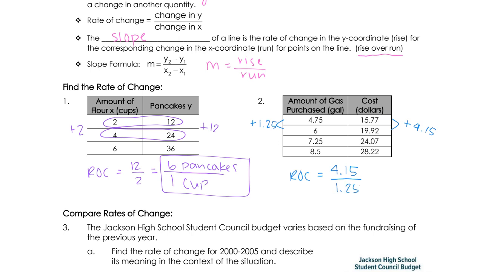So then we would say that this is over 1.25 because that's the increase from 4.75 to 6. Now, since both of these are decimals, I'm actually going to go ahead and just simplify this. Technically, I'm dividing 4.15 by 1.25, so that would give me 3.32 over 1, technically. So then again, if I labeled this, that would be $3.32 for each gallon.